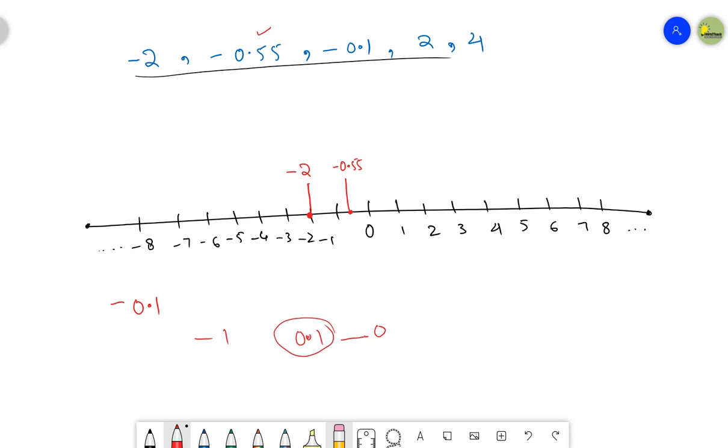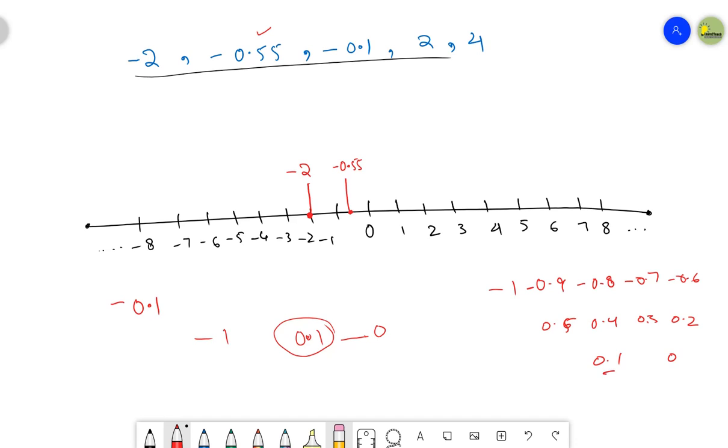Why? Because we know that when we go towards the right in an ascending order, then we have minus 0.9, then minus 0.8, then minus 0.7, then minus 0.6, 0.5, 0.4, 0.3, 0.2, 0.1, and then 0.